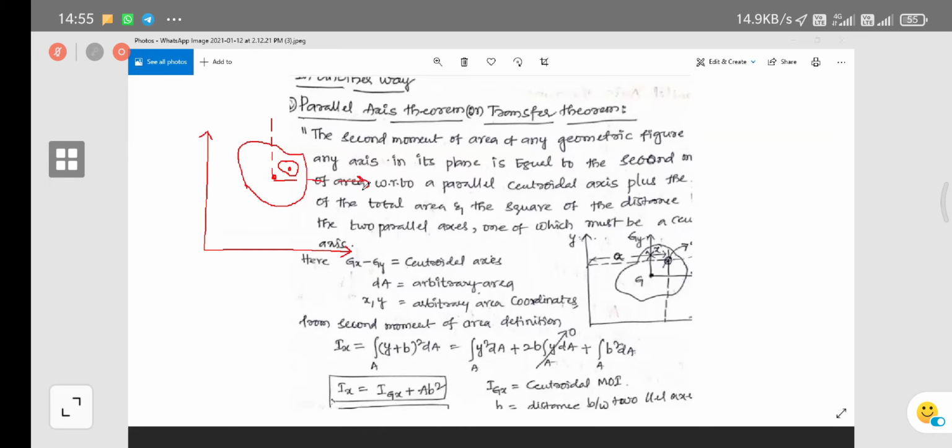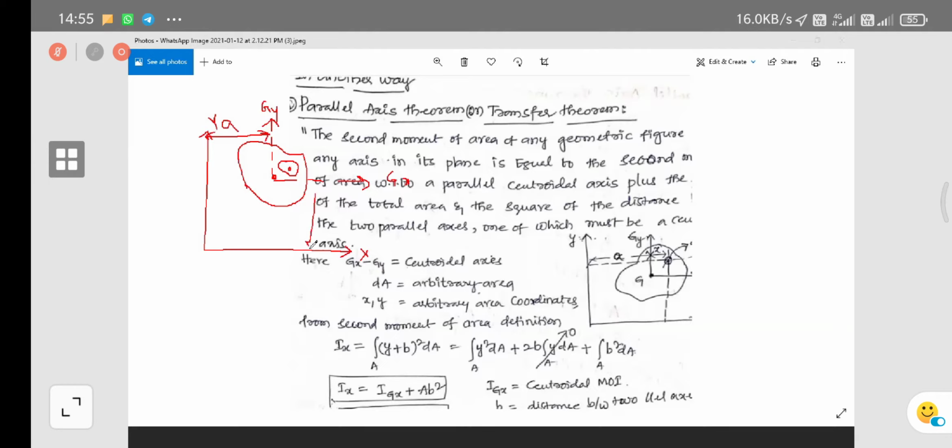One is Gx. Gx and Gy are the lamina central axes, not the differential element central axes. So these are the XY reference system. Between these two axes, it means the lamina centroid and the reference axis, is the area.